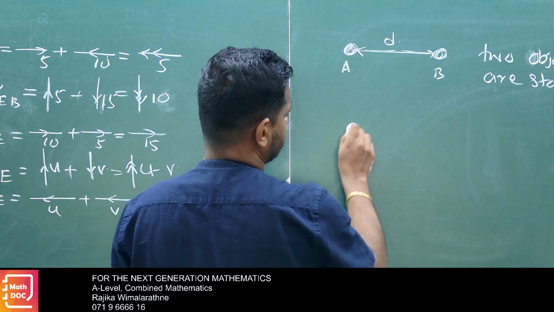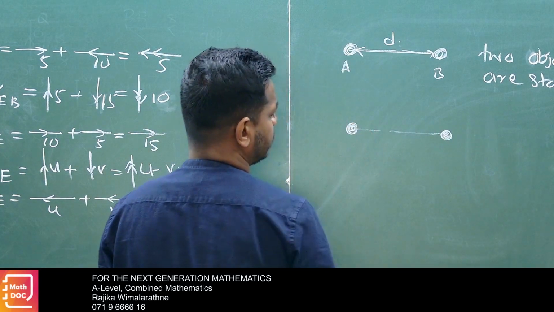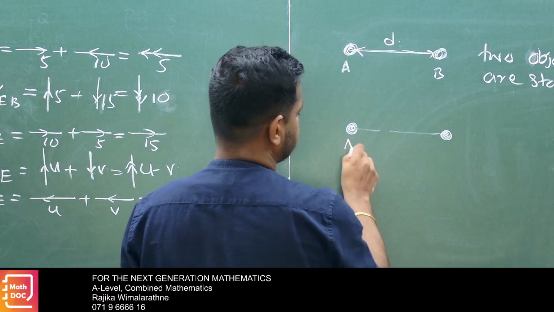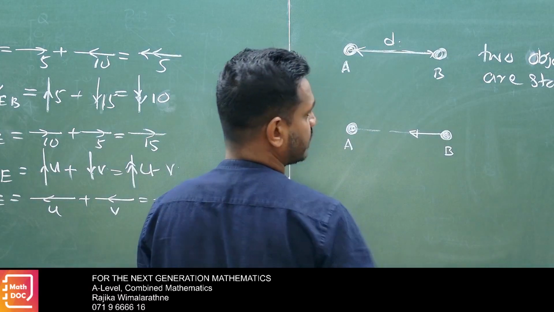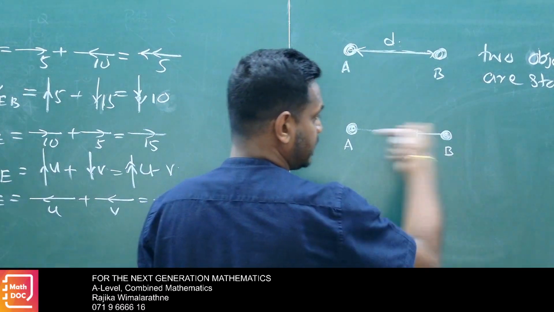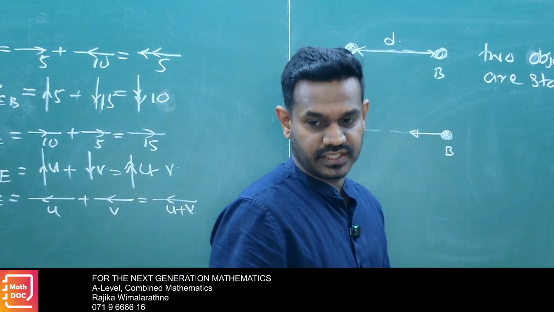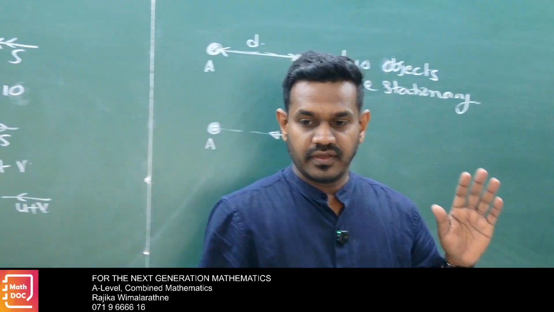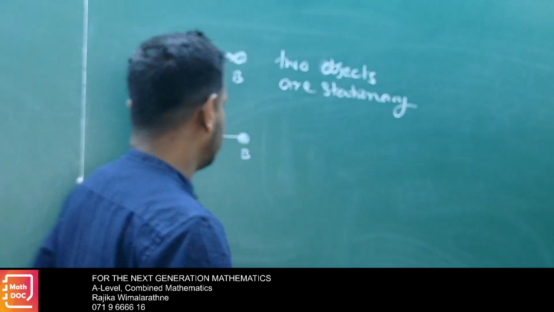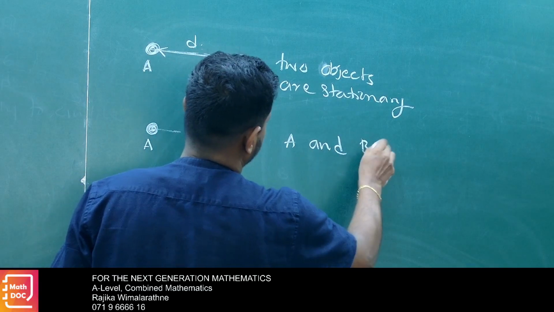Now you consider one object moving. So here A is stationary, B is moving along this path. Definitely they meet, no? Then the shortest distance is 0.